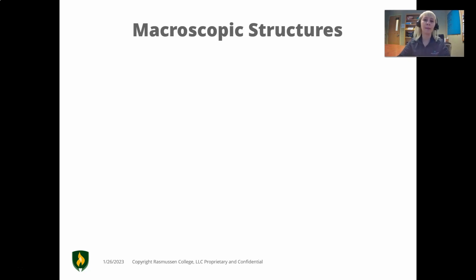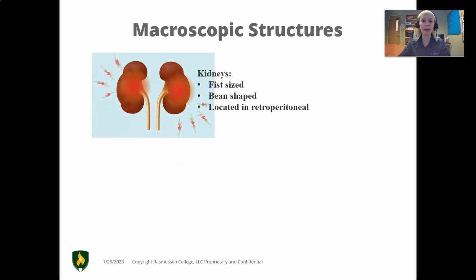The first thing that we have as a macroscopic structure is your kidneys. And your kidneys are about the size of your fist, and they are in the shape of a bean, which is where we kind of come up with the term kidney bean. They're located in the retroperitoneal part of the body, which is the back lower part of the body.